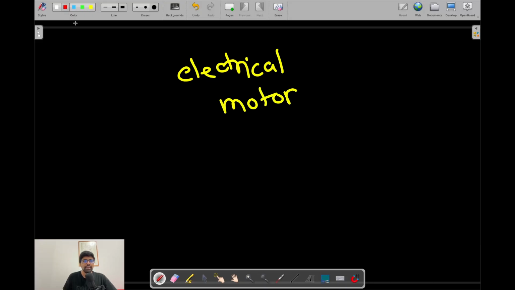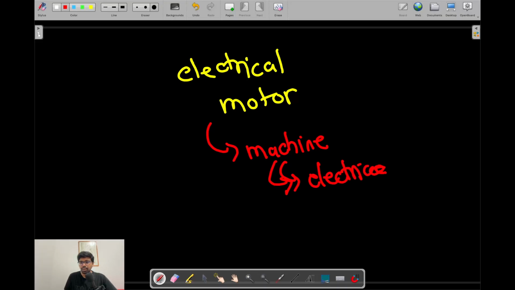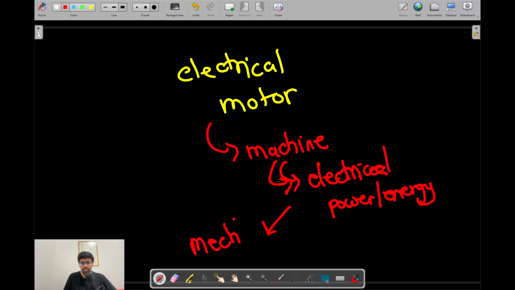Basically, the definition of an electrical motor is that it's a machine that converts electrical power, or let's say electrical energy, into mechanical energy. So it's a device that converts electrical energy into mechanical energy.